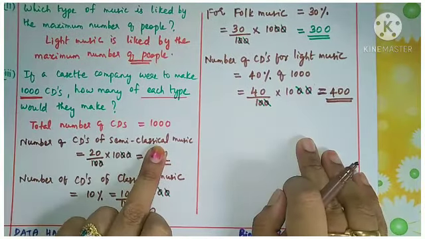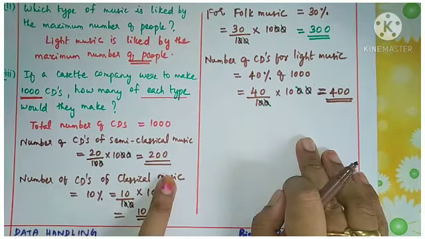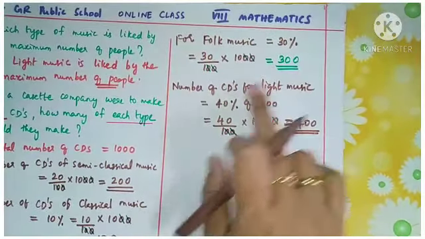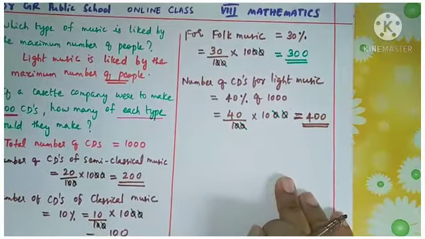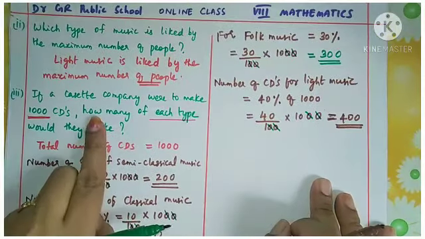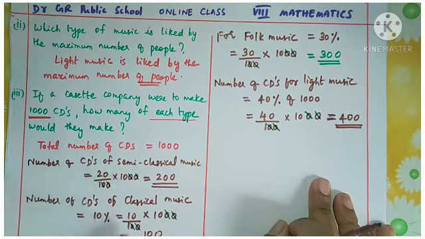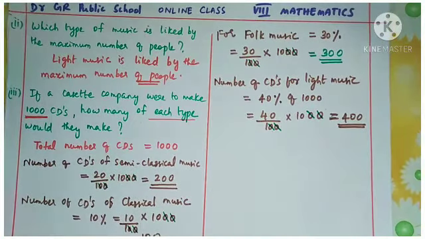So we found all the numbers of CDs. For semi-classical music 200, classical music 100, folk music 300 and light music 400. That is our question: how many of each type would they make? So we can just write the final answer.